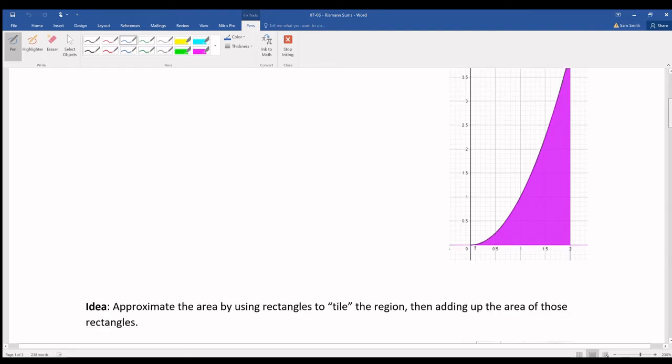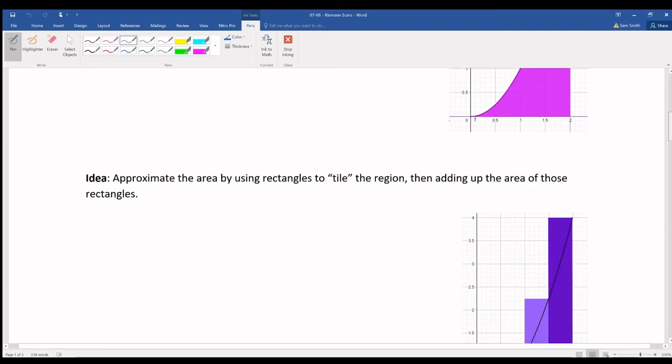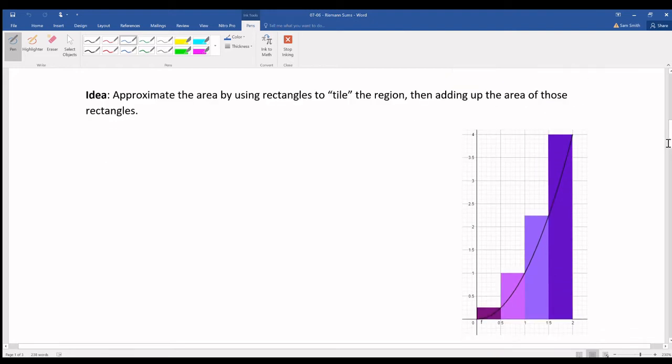And the idea is this. It's hard to take the area of a general shape, but it's easy to take the area of a rectangle. The area of a rectangle is just the length times the width. So what if we sort of overlaid some rectangles onto this region?